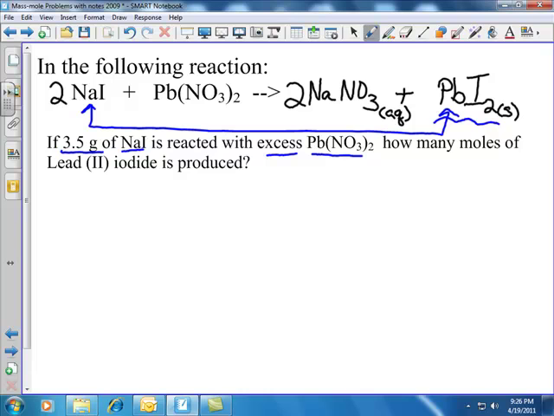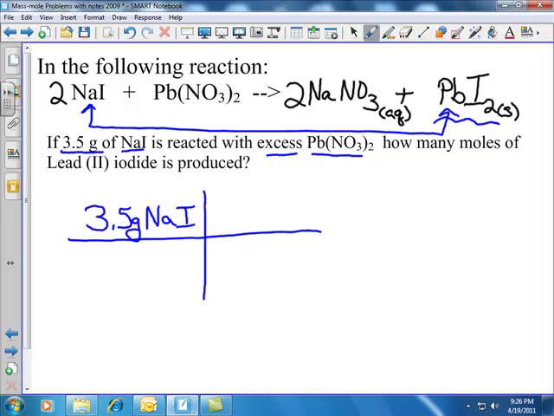So what I'm going to do is start with, in my T box, 3.5 grams of NaI. And I need to change that to moles of NaI. So I'm going to multiply this by the molar mass of sodium iodide: 1 mole of sodium iodide. If you don't remember, we should do a quick aside here to calculate the molar mass of sodium iodide.